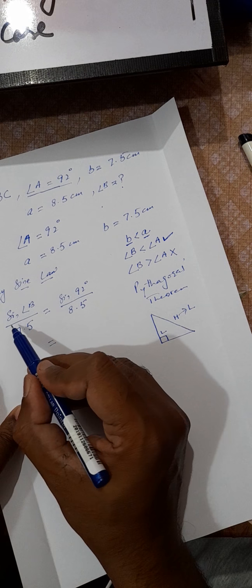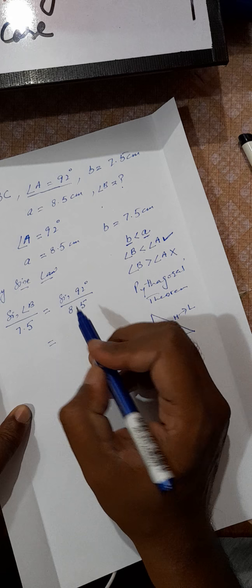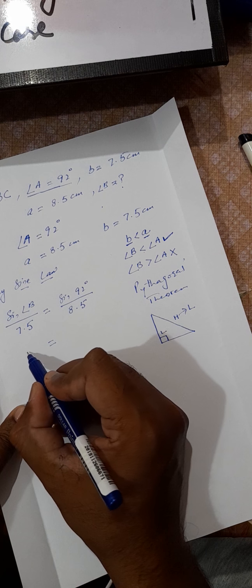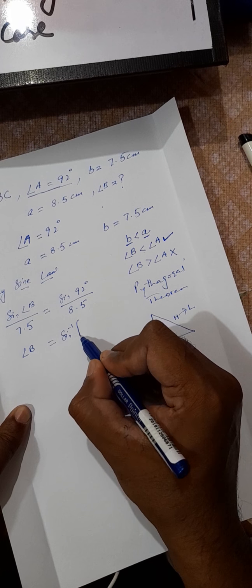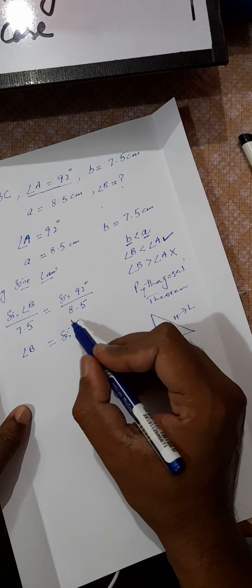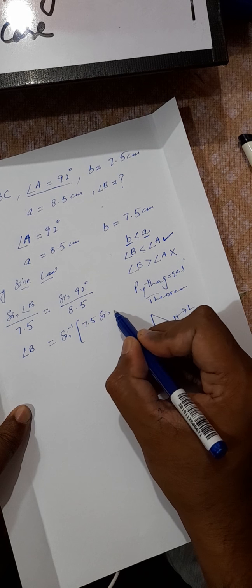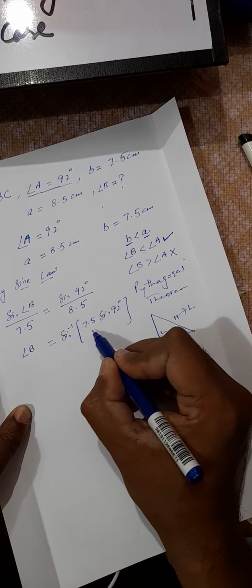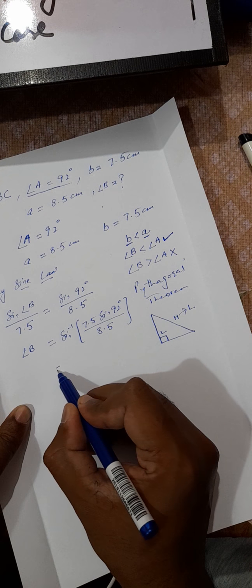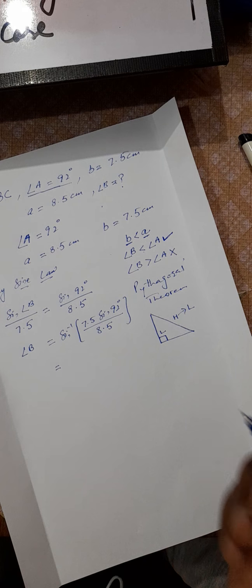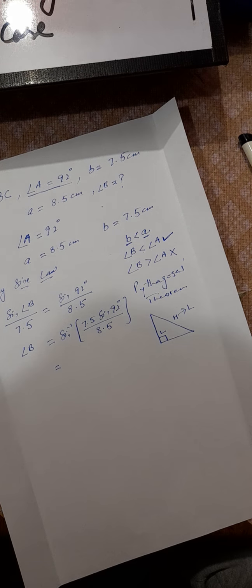Now we will shift everything to this side, and we will get the value of B. So angle B will be equal to sine inverse of 7.5 times sine 92 degrees over 8.5. Now students, you can quickly get the value of angle B by using a calculator.